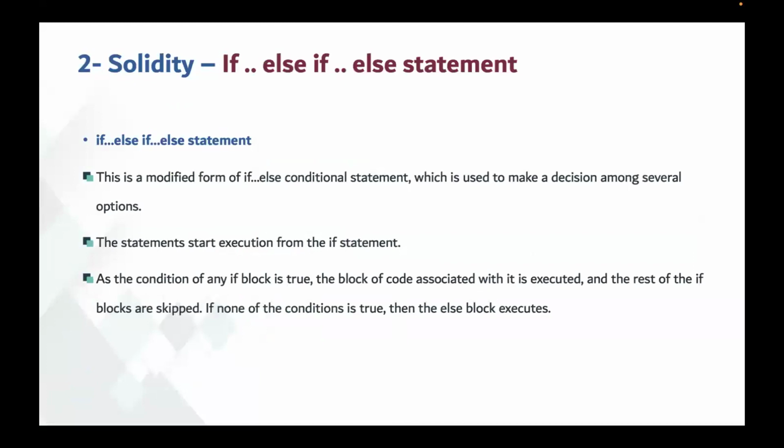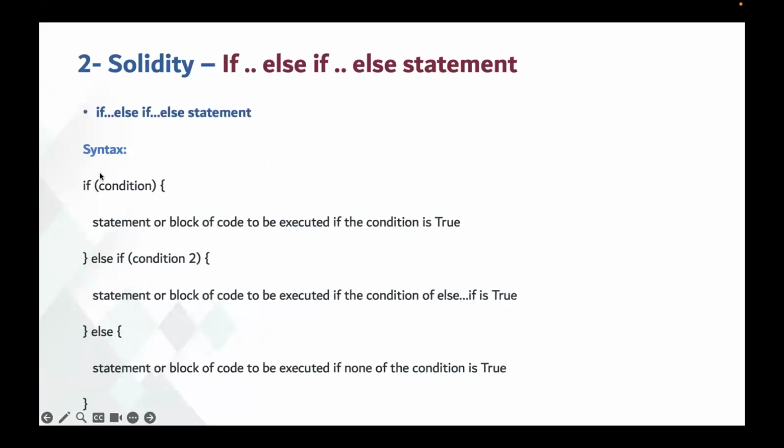Moving to another variation of the if statement, which is the else-if statement. This statement allows you to check multiple conditions and execute different blocks of code based on those conditions. So the syntax of this statement is: if we have condition 1, the code is executed if condition 1 is true.